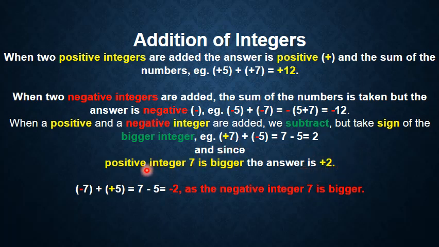In this case, plus 7 is bigger than minus 5. So even after we subtract, the sign will be plus. So plus 2 is the answer. And in the next example, you see minus 7 added to plus 5. The answer is 2 only. But since minus 7 is greater than plus 5, the sign will be negative.